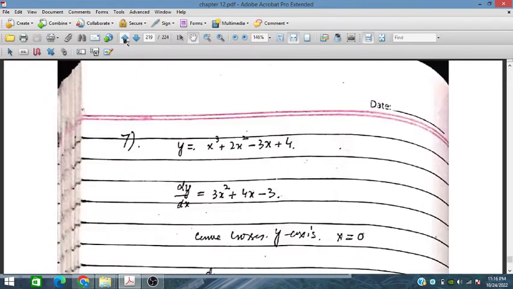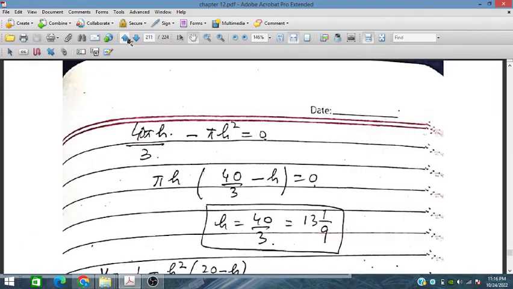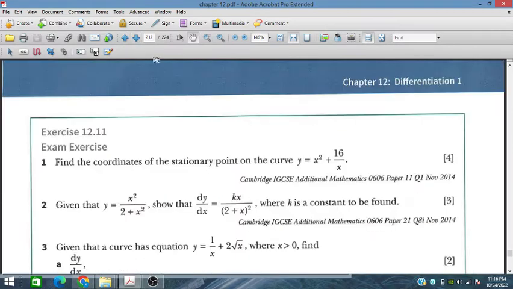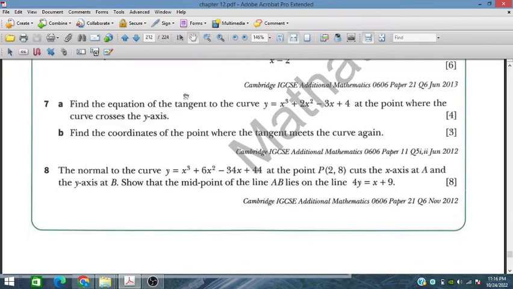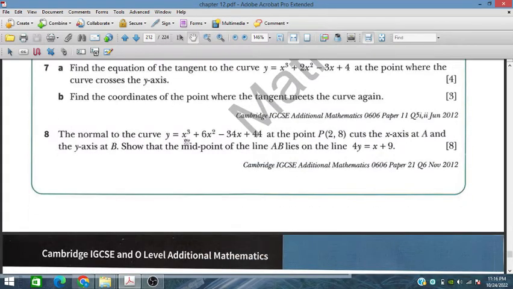So let's read the question again and see. The normal to the curve. This is the curve where we have a normal at the point; this cuts the x-axis at A and the y-axis at B. Show that the midpoint of the line AB lies on the line given.